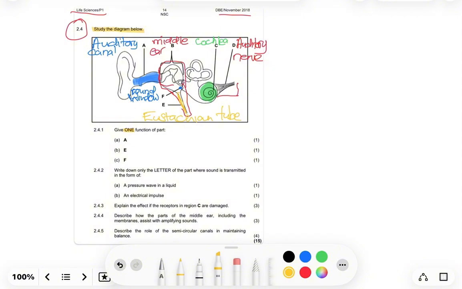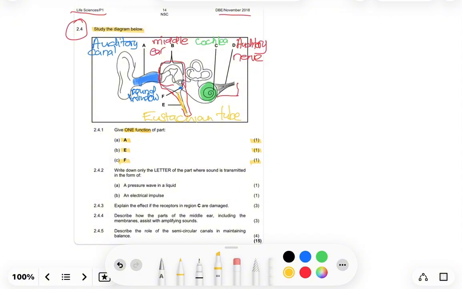You are only giving one function of the three parts that are given here. Part A, Part E, and Part F. And you are also supposed to take note of the mark allocation. Each question is 1 mark, so you are giving one function.